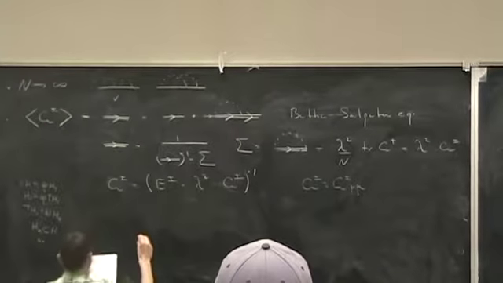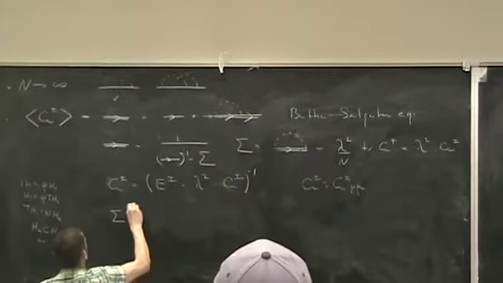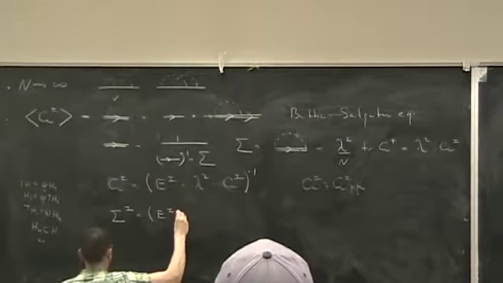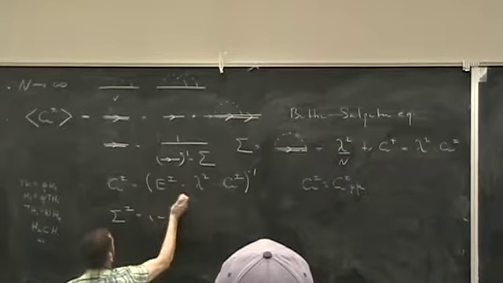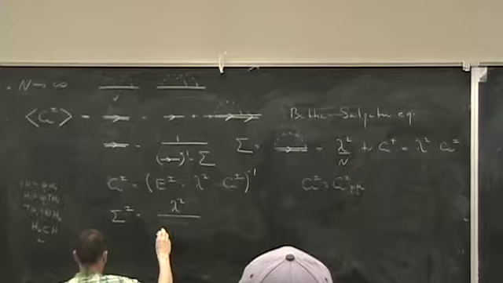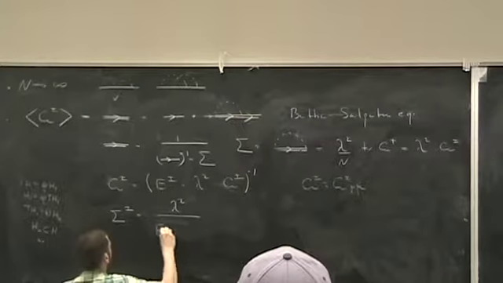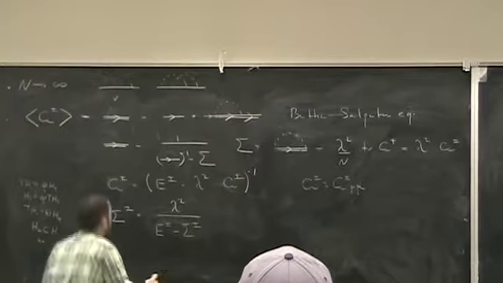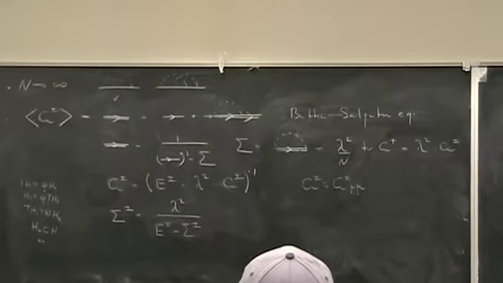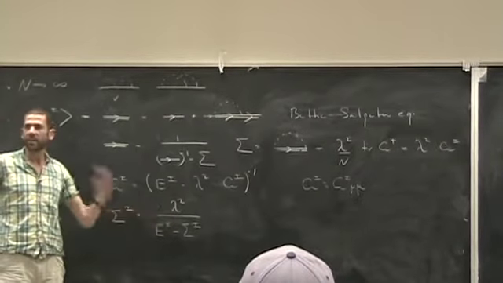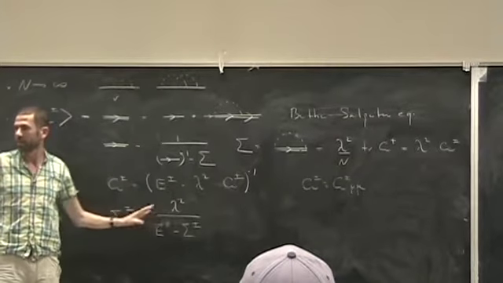And then we get something like sigma plus minus equals lambda squared over E plus minus minus sigma plus minus. So we obtain a quadratic equation for the self-energy. A quadratic equation sounds like a circle already, no?